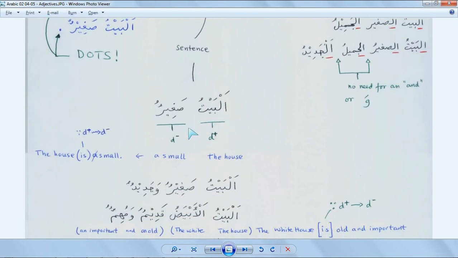Al-baytu saghirun. Here we have a noun, and we have a second word which is also a noun. The first noun is definite, i.e. ma'arifa, D+. How do we know? Because we've got alif, lam, and it doesn't have nunation. The second word is indefinite. How do we know? It doesn't have alif, lam, and it does have nunation.